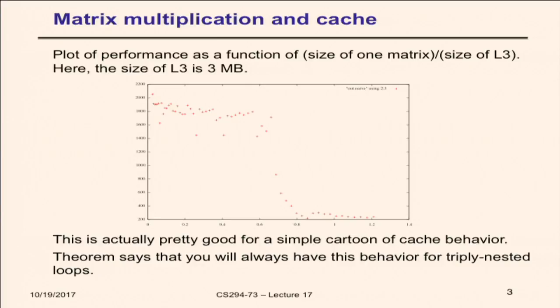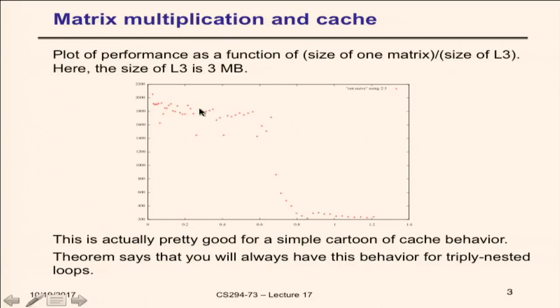In this case, my L3 cache is 3 megabytes. So what we see here is that we're up around 1800 megaflops for small sizes. Down here it's going from 0 to 0.2 to 0.4.